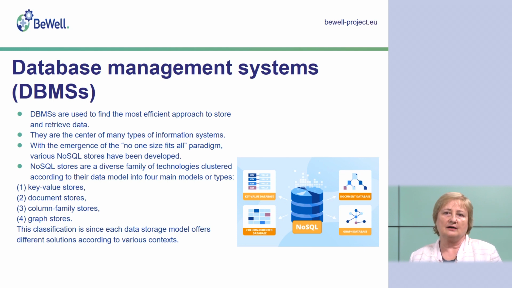NoSQL stores are a diverse family of technologies clustered according to their data model into four main types. First is the key value stores, second, document stores, third, column family stores, and fourth, graph stores. This classification is since each data storage model offers different solutions according to various contexts.